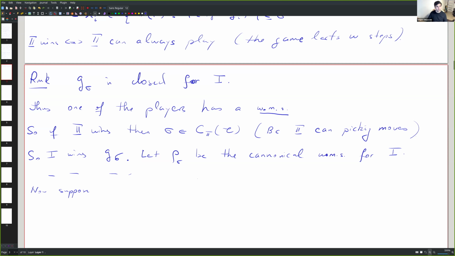I guess the thing to keep in mind is a remark. Rho sigma is defined for mu almost all sigma, rho sigma is defined.